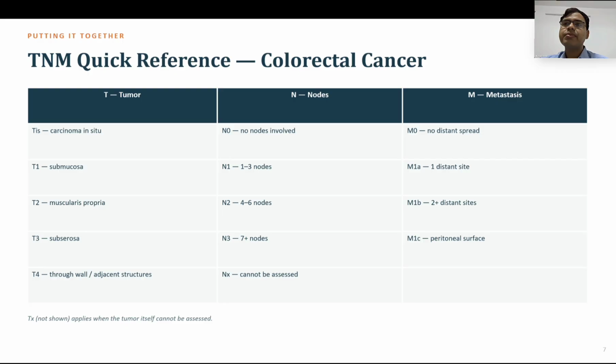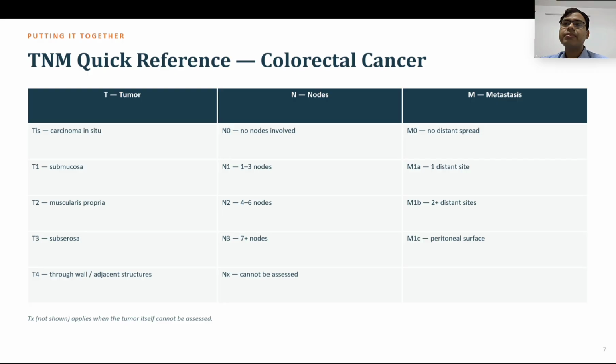For liquid cancers or hematology cancers, the TNM or the staging is slightly different. So we'll not get into that. We'll just look into the solid cancers. Another thing is that you must understand the classification for brain cancers is also different.